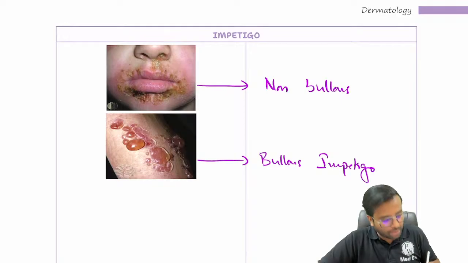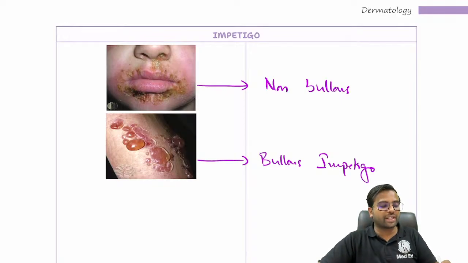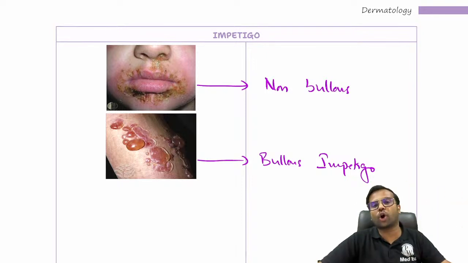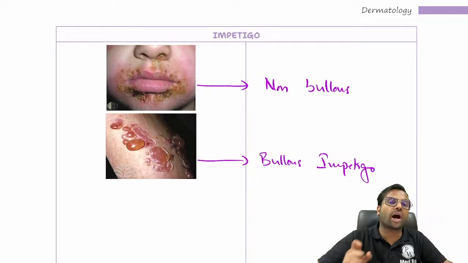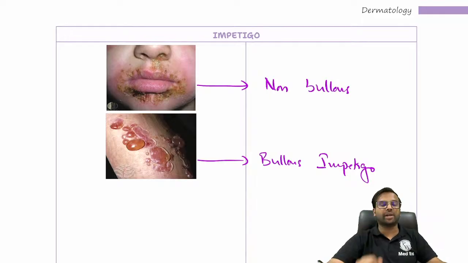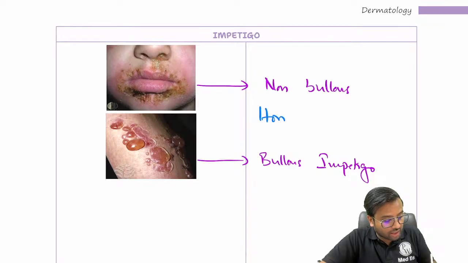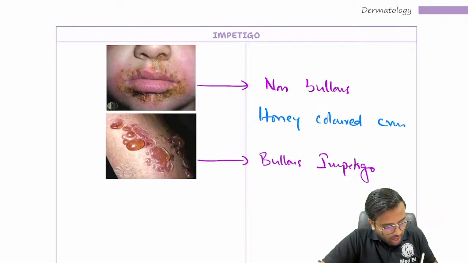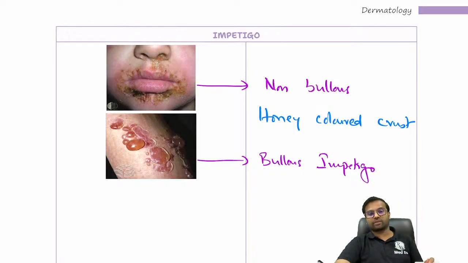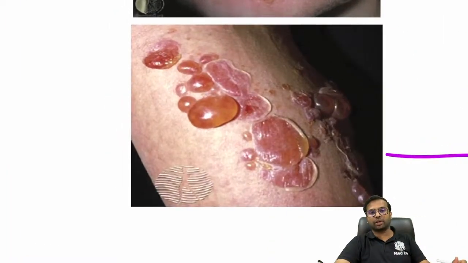So in the cases of impetigo, what is a differentiating feature? Let's say the first image, non-bullous impetigo. How are you able to say that this is impetigo? Yes, because of the honey colored crust, right? And what is the color of the crust when it comes to bullous impetigo?